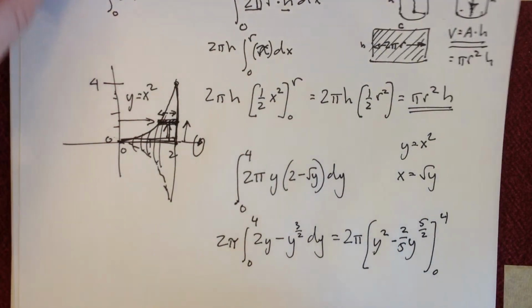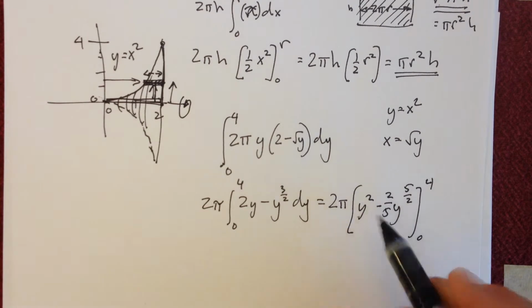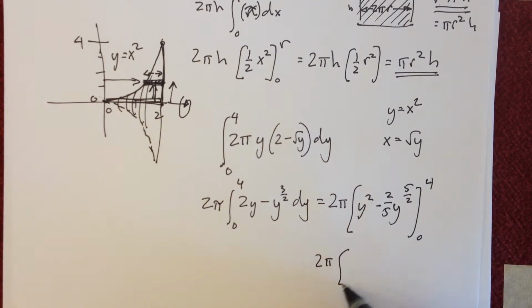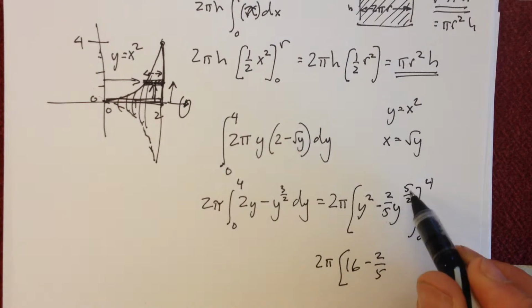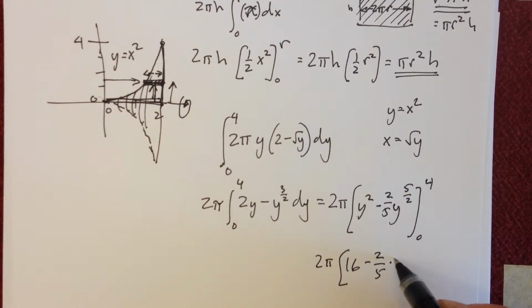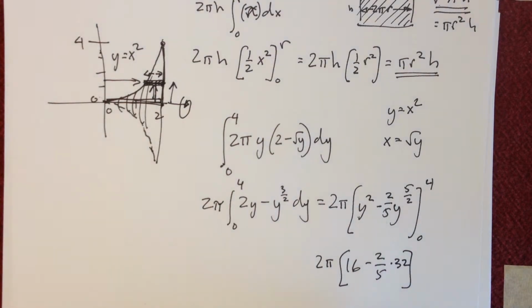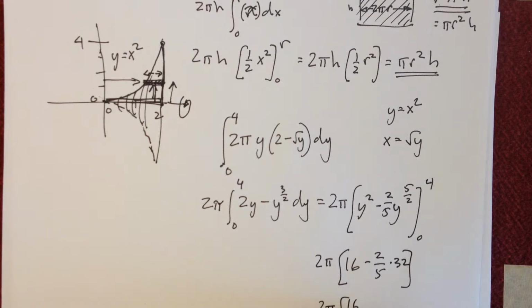If I do this, I'm going to plug in 4, and I get 2 pi times 16 minus 2/5 of, plug in 4, take the square root, that gives me 2, raise 2 to the 5th, it's 32. And let's just quickly grind this out. 2 pi times 16 minus 64/5. 5 goes into 60 12 times, with 4/5 left over from the 4 from 64.